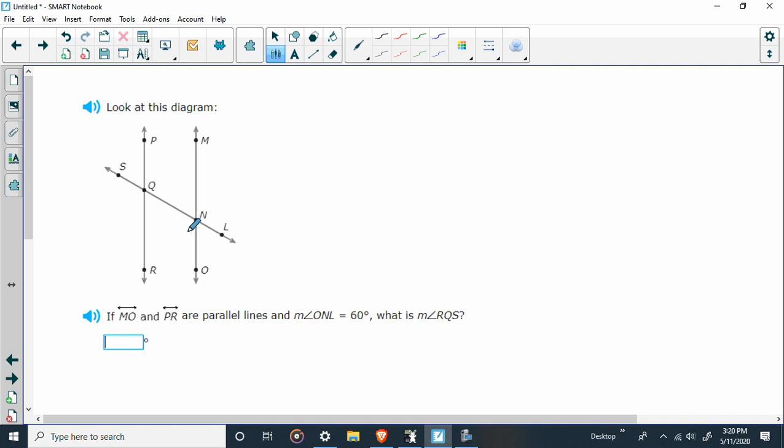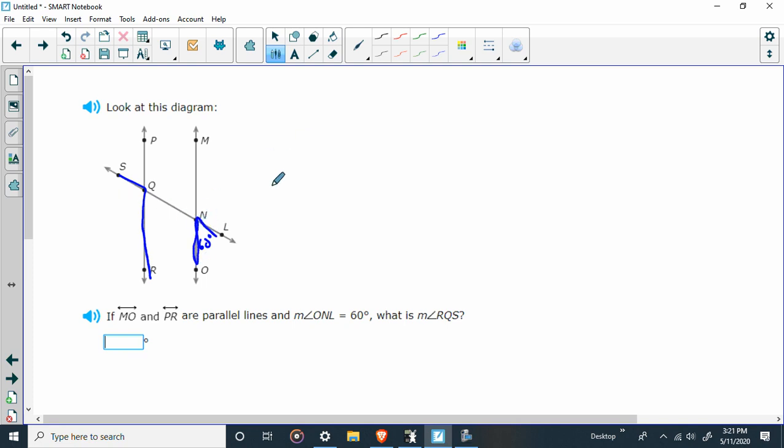So again, if MO and PR are parallel lines, angle ONL is 60. That's an acute angle. We know it's acute because first of all it's 60, but also because it's a smaller angle here. What is RQS? I have an acute angle over here and an obtuse angle over here.